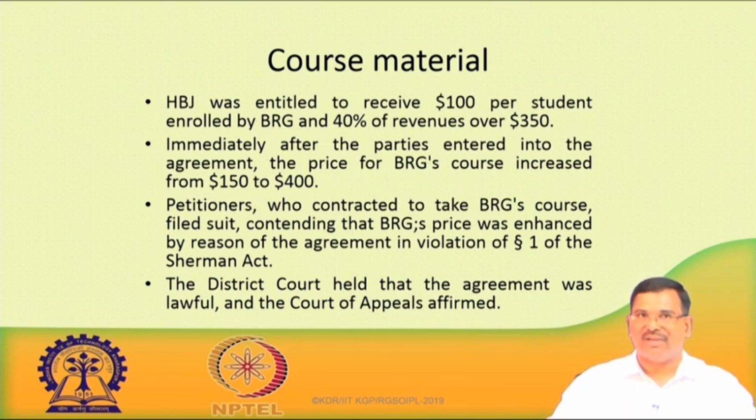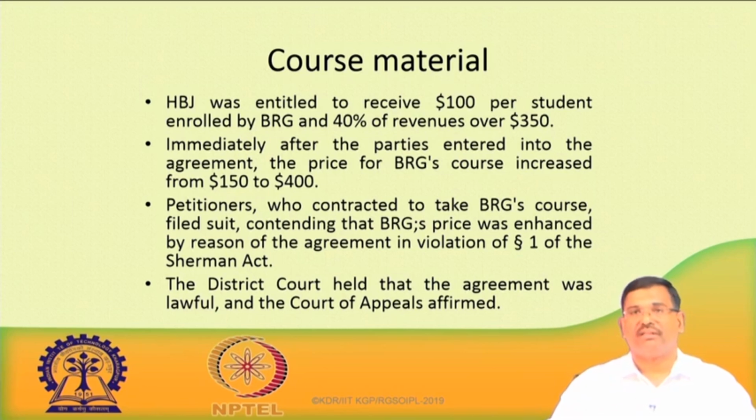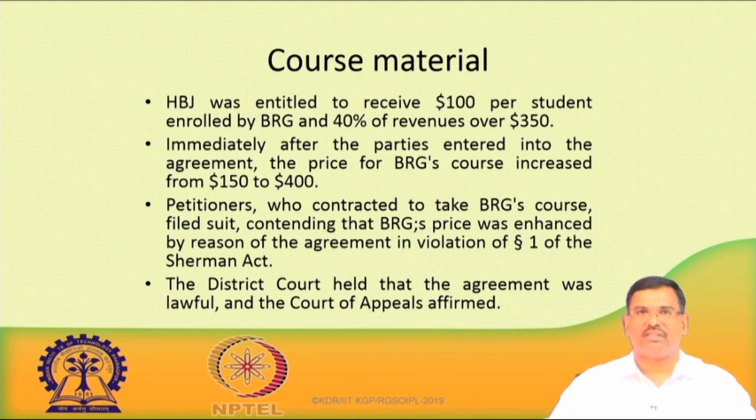So, whether this violates any of the competition provisions: if two people come together and you fix very high prices, then there is no competition. So, here the course material buyers argued that the price was enhanced by reason of the agreement, in violation of the law. The main allegation was that the price increase from $150 to $400 was a violation of section 1 of the Sherman Act.